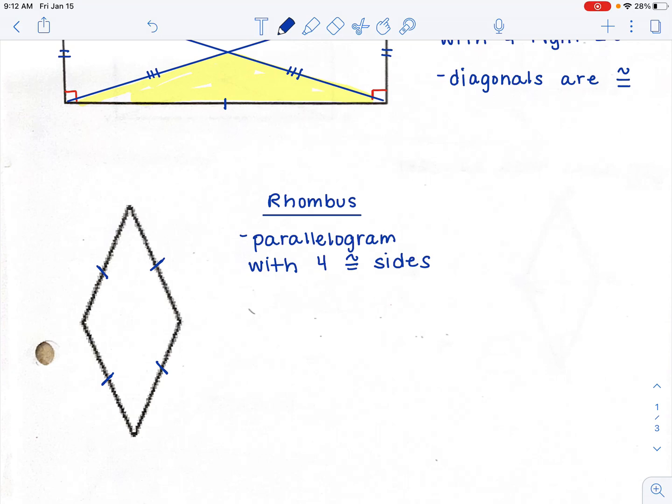So when we're looking at this, again, we know the opposite angles are going to be congruent and so on and so forth. So I'm going to draw in the diagonals real quick. So we're going to analyze what happens when we do this. So when we draw those diagonals in, your diagonals are actually going to be perpendicular.